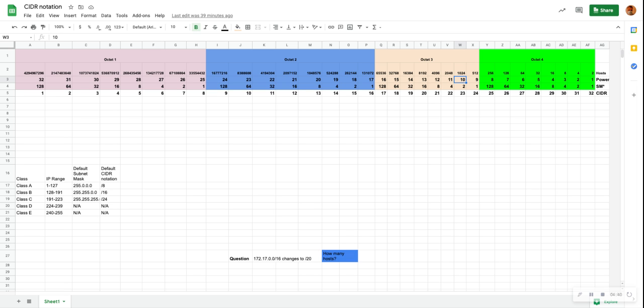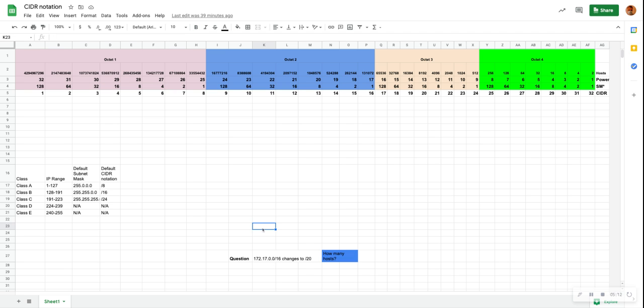A /23 would be 23 bits for the network, and the remaining 9 for the host portion. So remember that hosts work from right to left across an IP address, and network addresses work from left to right in theory. Again, with subnet masks, if we add up every one of these numbers together, we'd get 255.255.0.0.